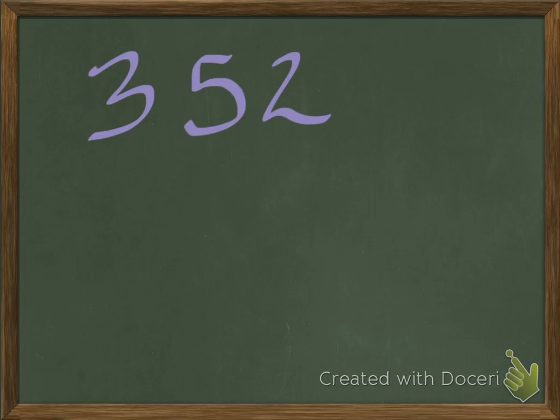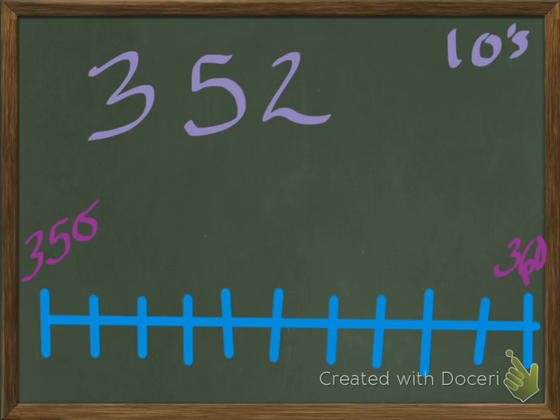Okay, let's look at a larger number, 352, rounded to the tens again. So we're rounding to the tens, so we are breaking our number line down by tens. So I will start at 350 and I'll go up to the next tens, which is 360. So I have 350, 351, 352. So here is 352.